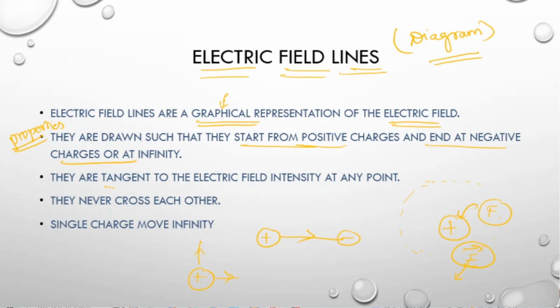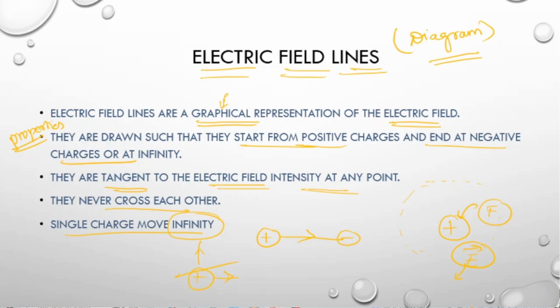They are tangent to the electric field intensity at any point you take. They never cross each other, because if they crossed, they would show two different directions of field at a point, which is not possible. So a single charge's lines move up to infinity.